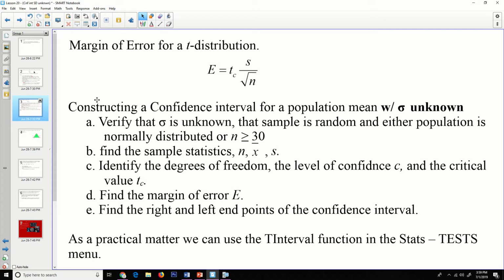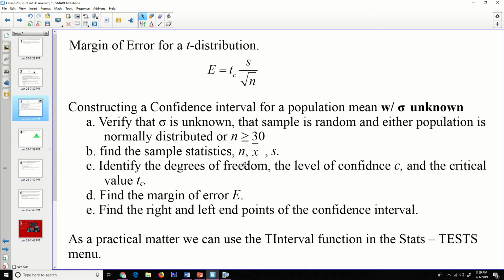If we're constructing a confidence interval for the population mean with the global standard deviation unknown, we're first going to verify that the global standard deviation is unknown and the sample population is either normally distributed or the sample size is greater than 30. We're going to find the sample statistics: the number of elements, x bar, the sample average, and the standard deviation of the sample.